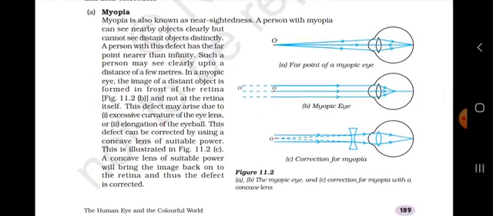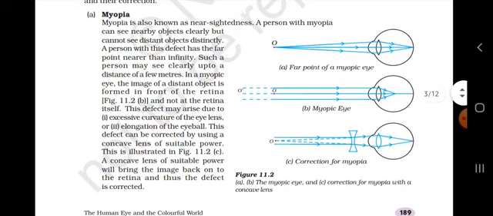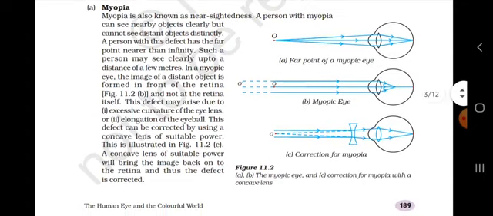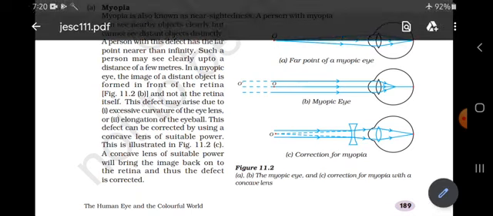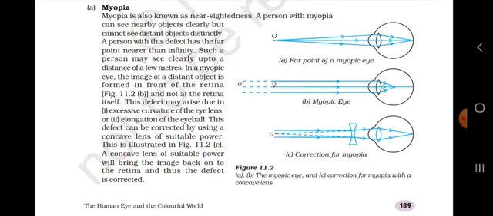I hope you are understanding these things. And this defect may arise due to two main reasons: the excessive curvature of the eye lens and the elongation of the eyeball.